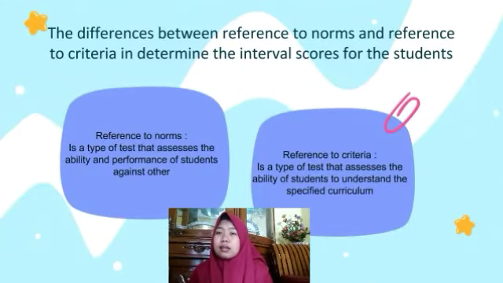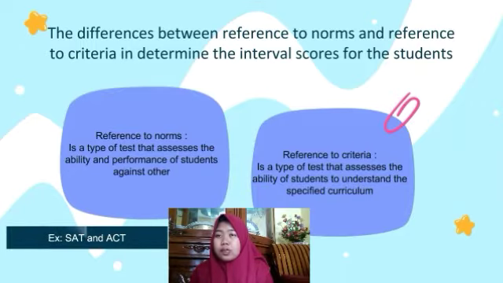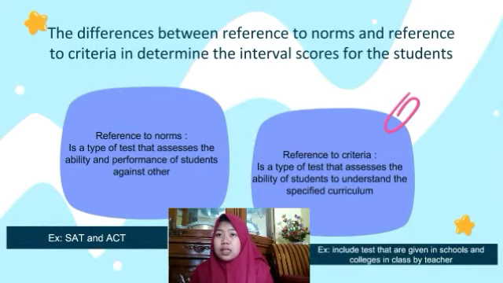Okay, next, the second question, the differences between norm-referenced and criterion-referenced tests in determining the interval score for the student. Before that, norm-referenced and criterion-referenced testing are two of the many types of testing methods used to assess a person's skills.